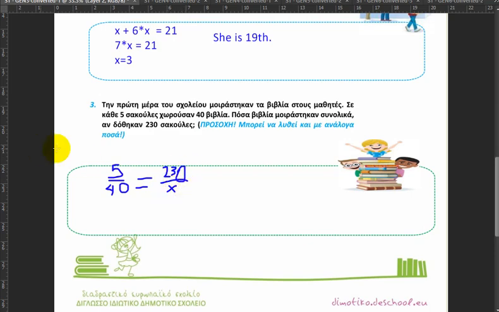And then you could solve this the way we had shown how to solve ratios. Another way, which is basically almost the same thing, but okay.